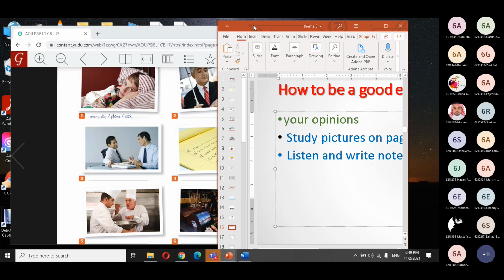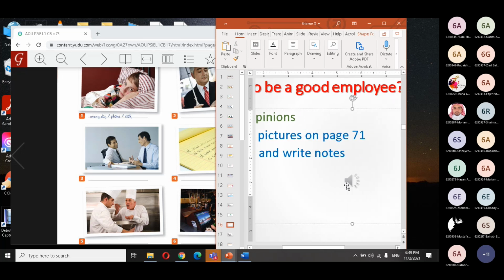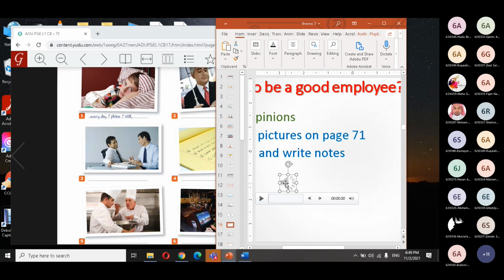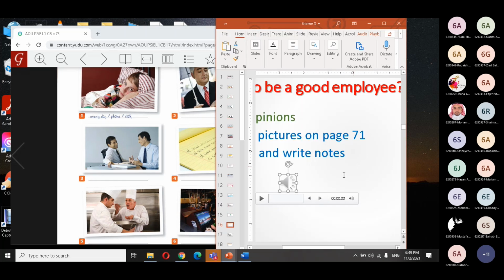This businessman is giving advice for people who have got a job for the first time. Try to find out what he said about each picture. So listen and we will comment again on the pictures. Especially, we didn't discuss the first one.